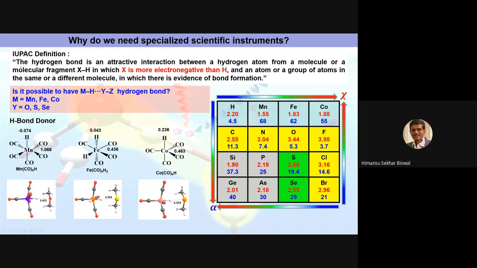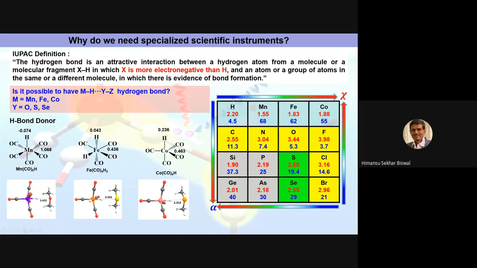I'm reading it: the hydrogen bond is an attractive interaction between a hydrogen atom from a molecule or a molecular fragment X-H, in which X is more electronegative than hydrogen. I have highlighted this in red, so please keep this statement in mind. X is more electronegative than hydrogen, and an atom or a group of atoms in the same or a different molecule, in which there is evidence of bond formation.